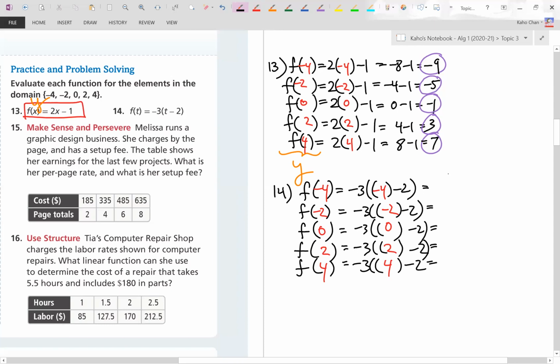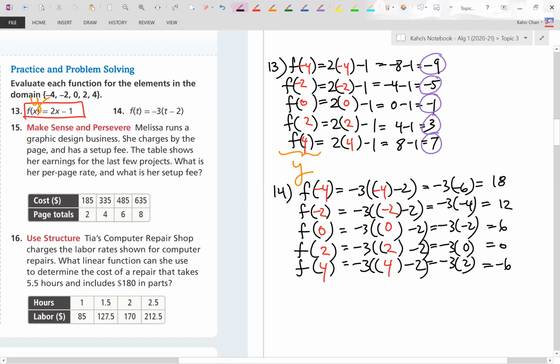And be careful here, order of operations. You must do the parentheses first, before multiplying. Whoops, caught myself. Negative times a negative is a positive. And there they are, my y values.